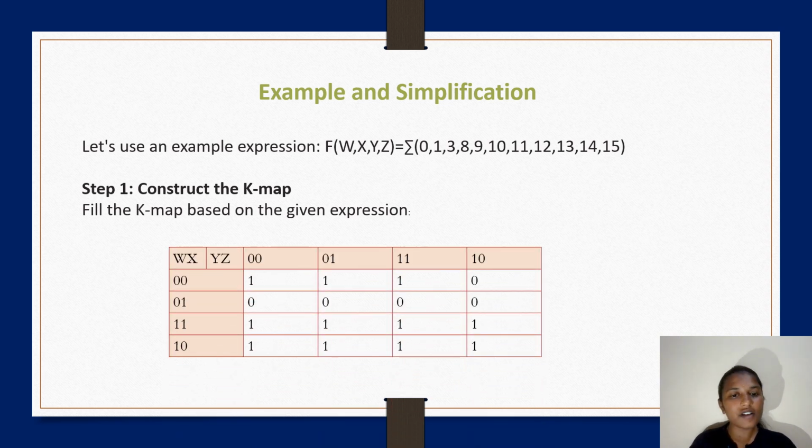You can see I have constructed a K-map and filled it with ones at the given values 0, 1, 3, 8, 9, 10, 11, 12, 13, 14, 15.